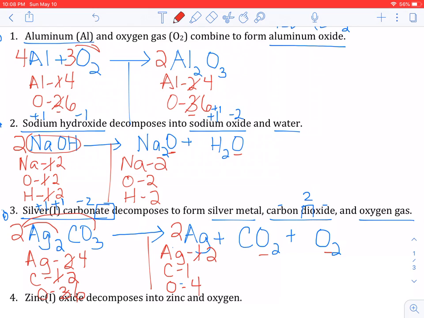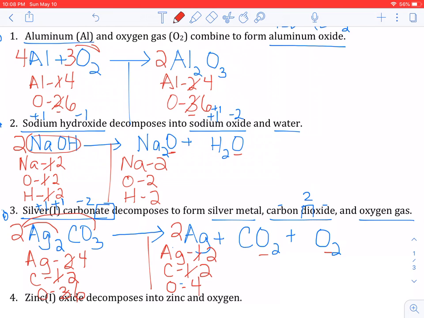So now I have some other things that I have to do on the right side. I'm going to leave the Ag because I can see that the Ag is single by itself. That's going to be really easy to manipulate at the end of all of this. I'm going to worry about the carbon first. So carbon, I need 2 of them over on the right.